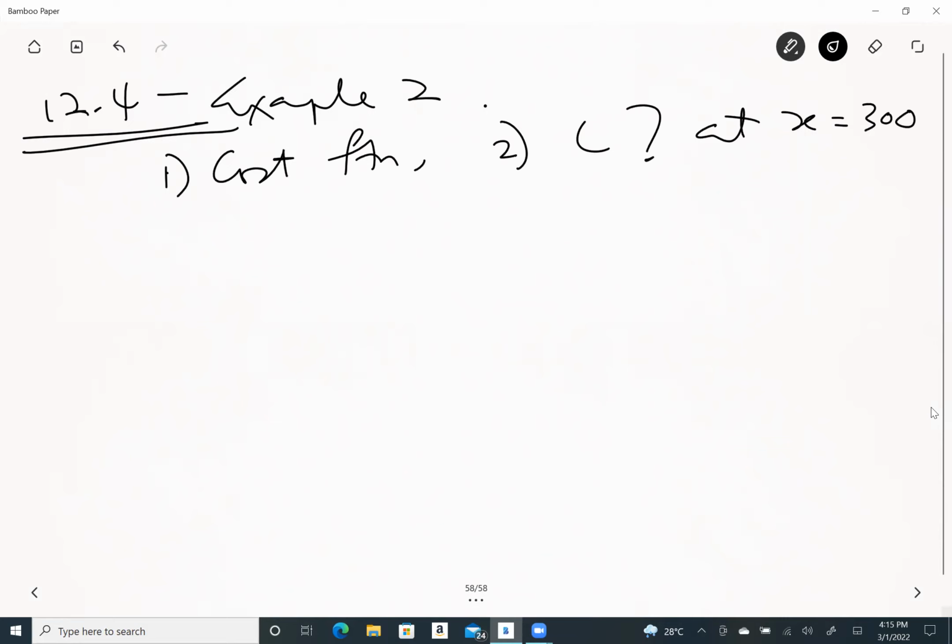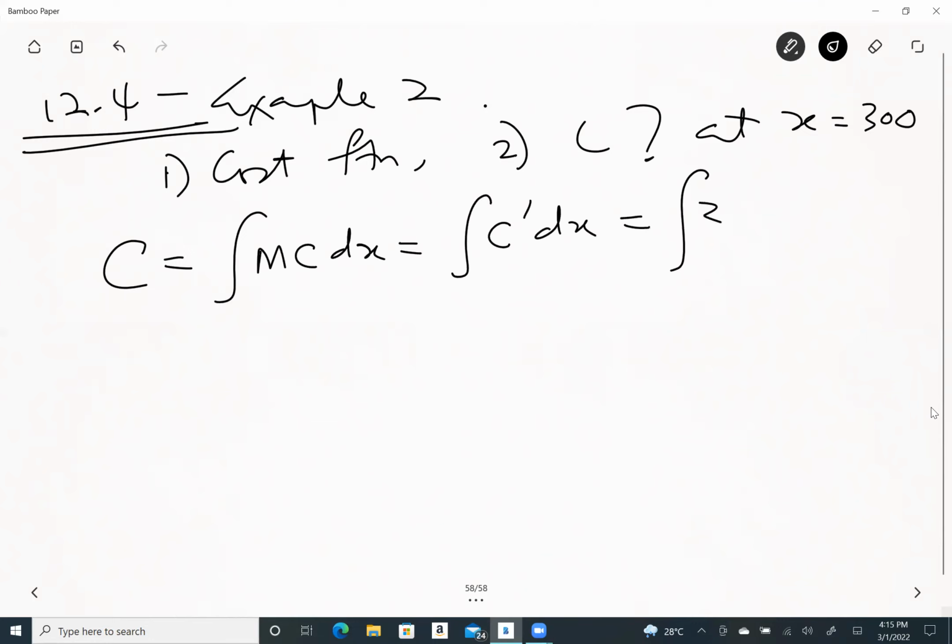Now you are given the marginal cost. So you know that you integrate the marginal cost, you get cost function, or sometimes you can call it C prime. Okay, so it's the thing. So you integrate the marginal cost, I get the cost function. So that will be equal to, you put in the value, the exact function.